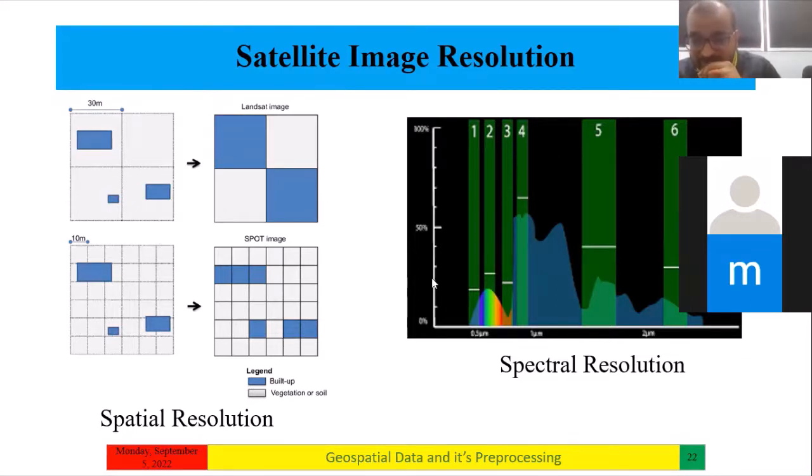So for any particular satellite like this, its spectral resolution will be 6, because it is able to capture image information in these ranges of the electromagnetic spectrum, and not in the ranges which are not defined here. Those ranges will not be used for sensing, and after 6 nothing will be used. So the spectral resolution of the satellite would be 6.